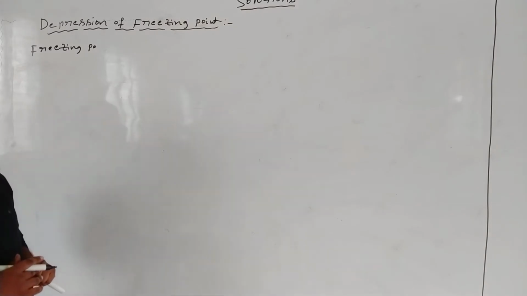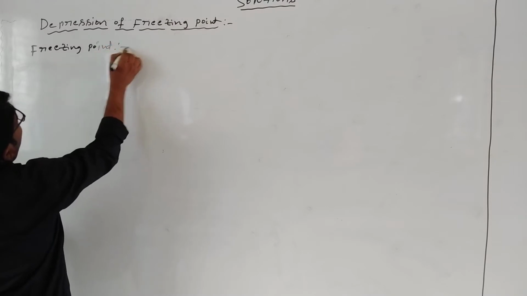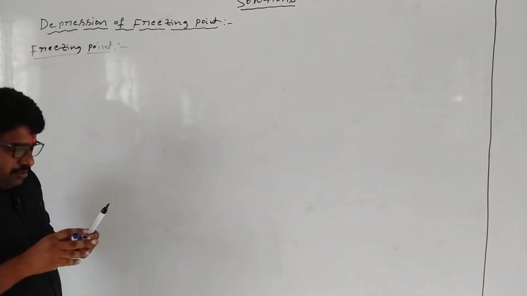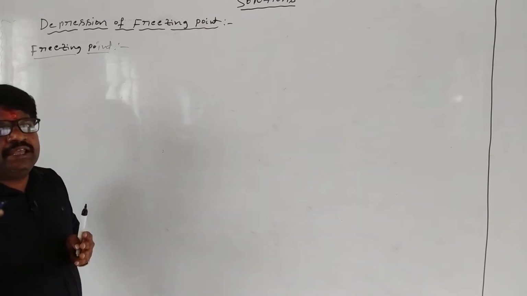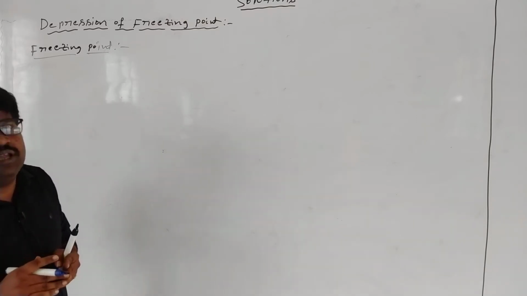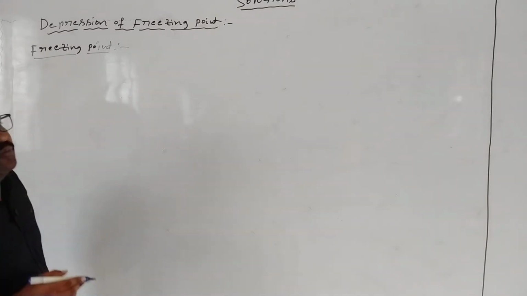What is freezing point? How to define freezing point? The temperature at which liquid and solid are in equilibrium. Equilibrium means liquids are converted to solids. So, that is called freezing point.